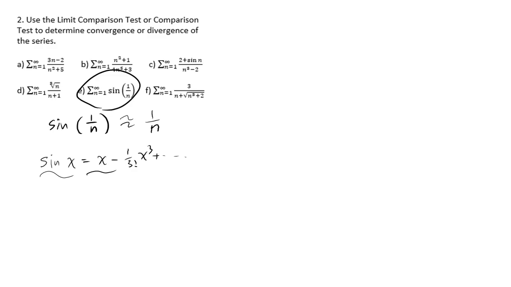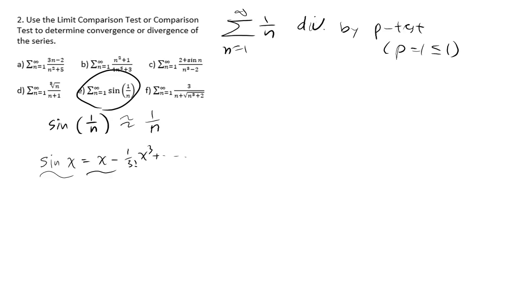So let's try that. Sigma of 1 over n, n from 1 through infinity, diverges by p-test, p equals 1, and then the limit as n goes to infinity of sine of 1 over n divided by 1 over n.